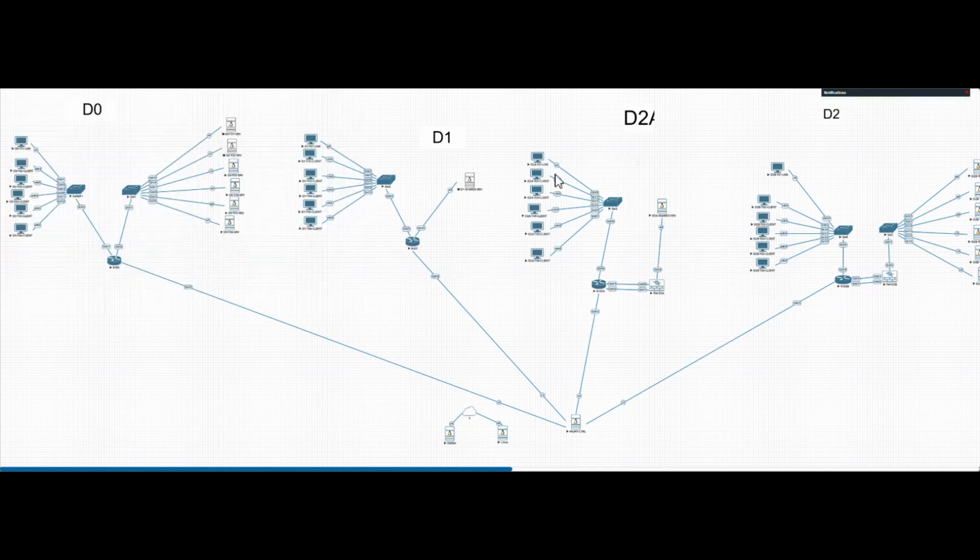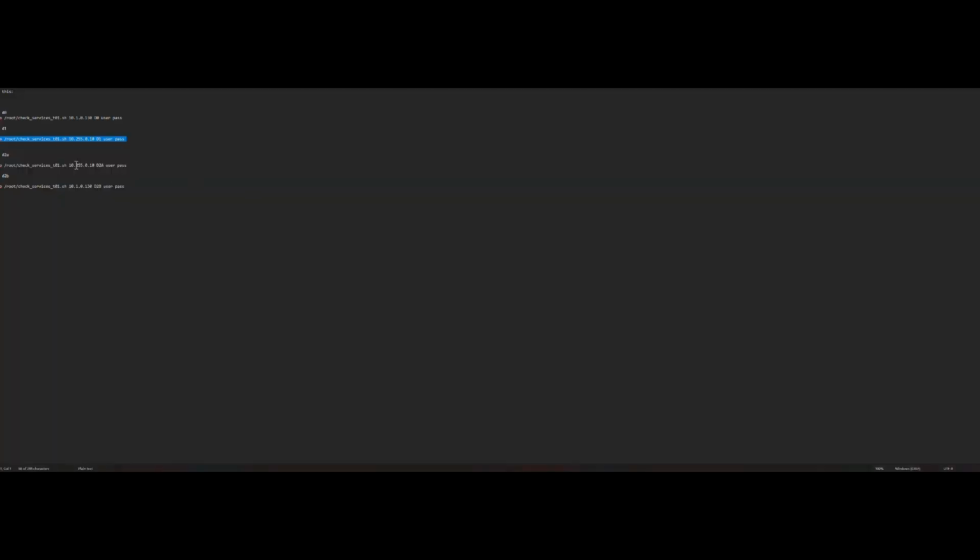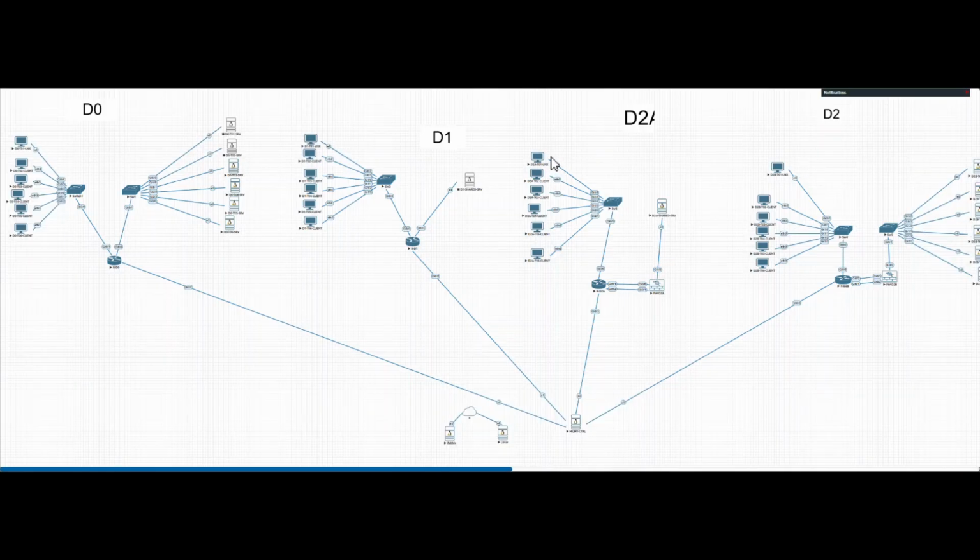And for D2A, we test the same, but there is a bottleneck in this design, which is the firewall, which organizes the traffic, but at the same time, when the firewall goes down, all services are down as well. Now, as we can see, we test reachability for the network.